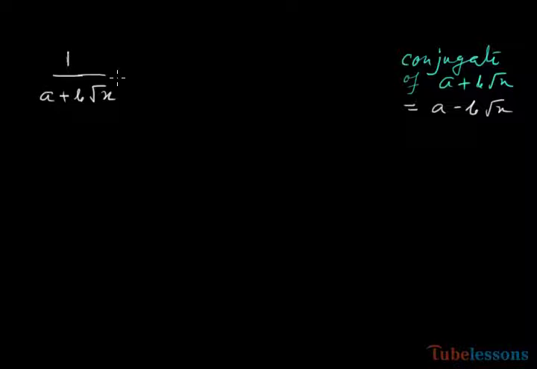So we multiply both numerator and denominator by a minus b root x.